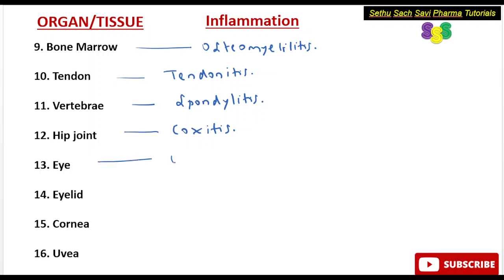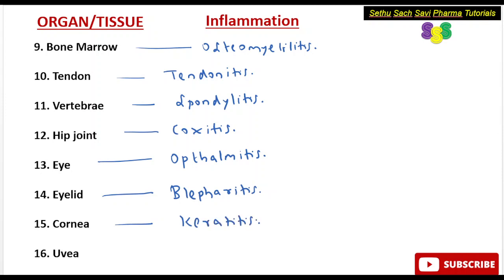Inflammation of eye is called ophthalmitis, whereas the inflammation of eyelids is called blepharitis. Inflammation of cornea is called keratitis, whereas the inflammation of uvea is called uveitis.